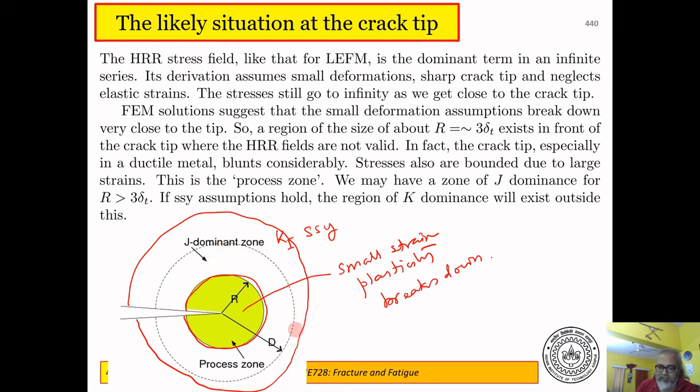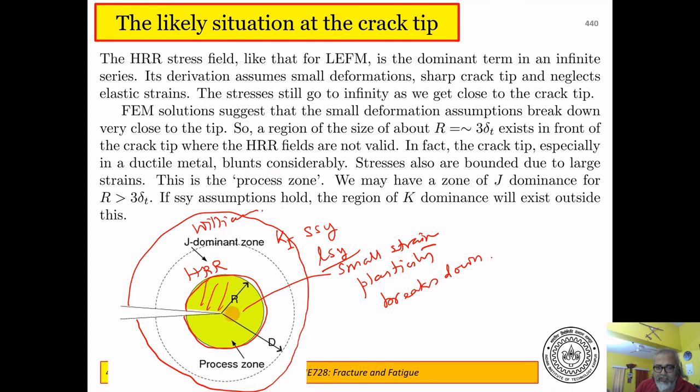The J dominant zone is large, so that it's bigger than the K dominant zone, in which case you have large scale yielding. So you may have both. In the J dominant zone, you have the HRR fields. If you have a K dominant zone, here you have the K fields or the Williams fields, and that's the structure of the crack tip.